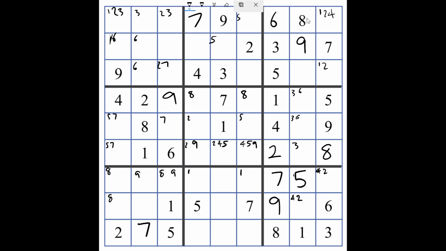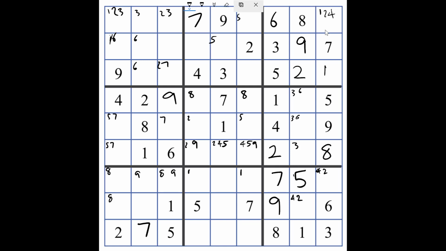Again, this grid's only got 3 places. This clue here is telling me that 1, 2 and 4 are missing in this grid. If I go to this place on my grid, it can't be a 1 because there's a 1 there. It can't be a 4 because there's a 4 there. So this must be a 2. If this is a 2, then this has to be a 1.